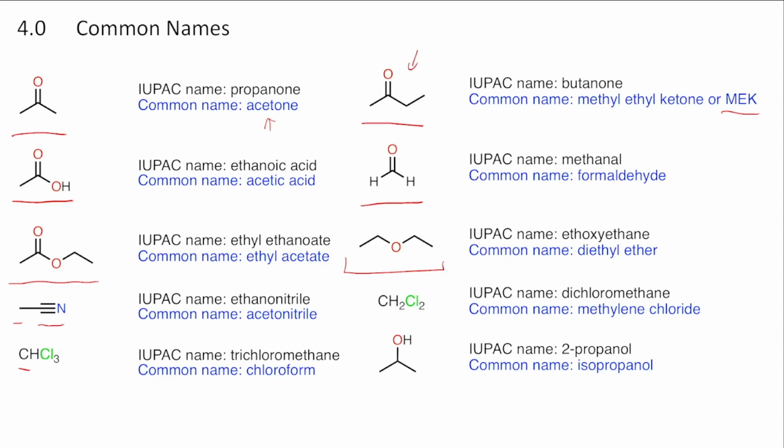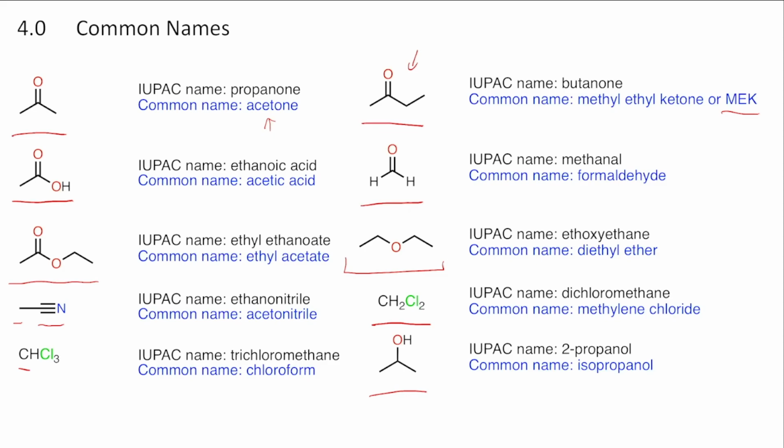Common name for this is either diethyl ether or just ether. The next one is dichloromethane, which is commonly called methylene chloride, a very common organic solvent. And the next one we're looking at here goes by the name 2-propanol. Common name for that is isopropanol, or also rubbing alcohol.